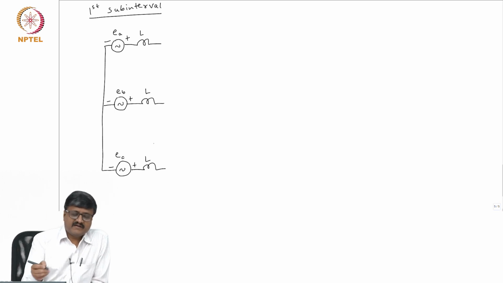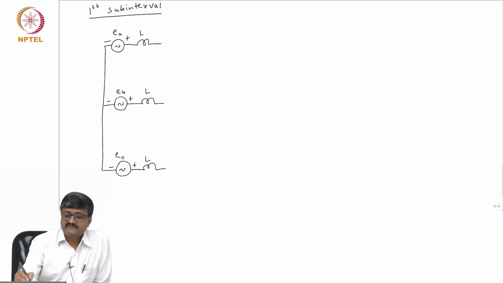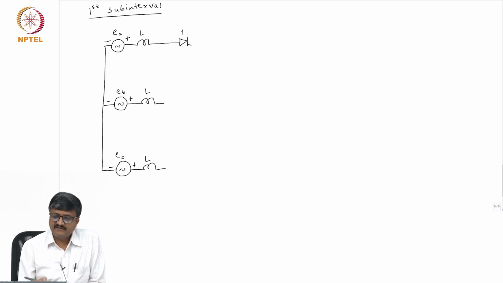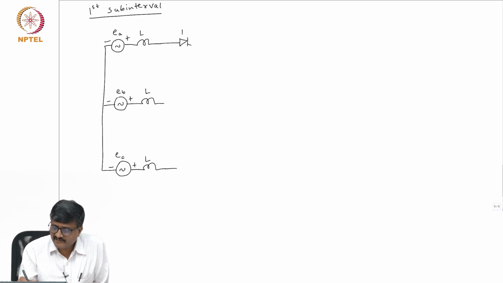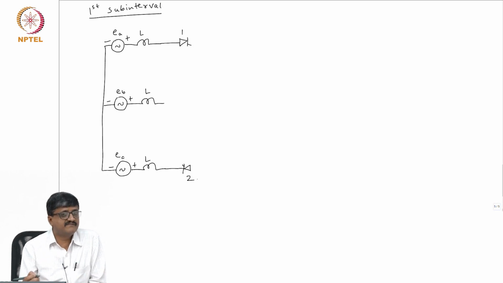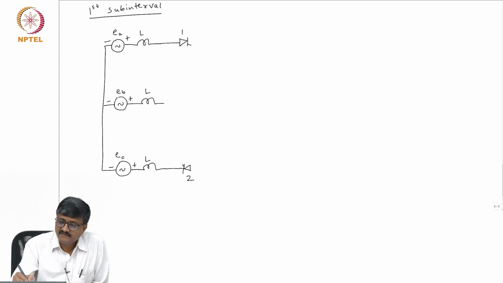Now, there is a current through EA because valve 1 is conducting, this is valve 1. There is a current through EC because valve 2 is also conducting. And there is a current through EB because both valves 3 and 6 are conducting.